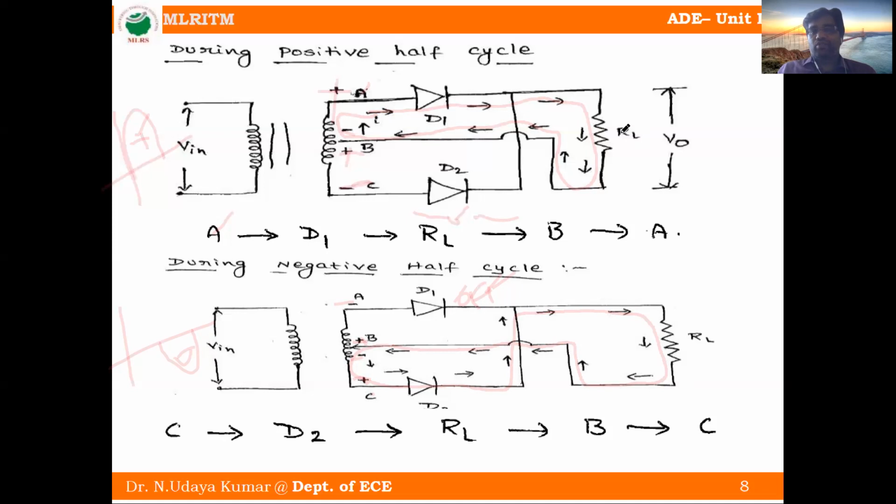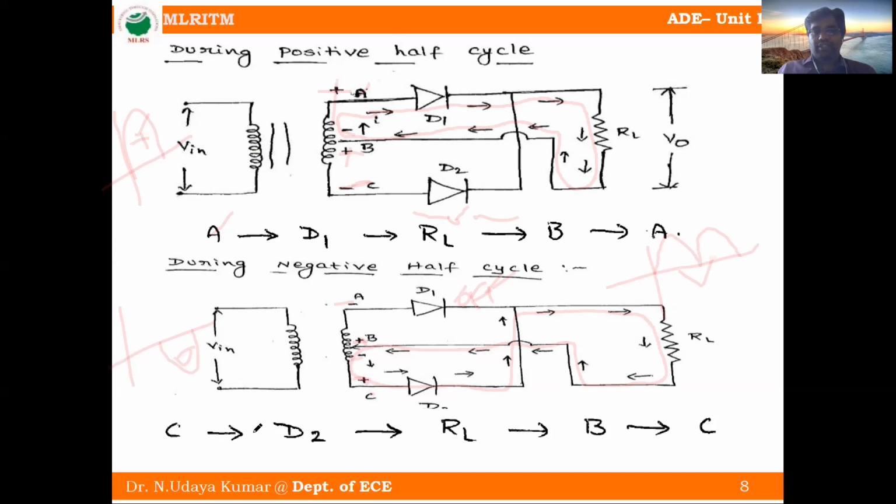Current passes through the load resistance RL, so we will get both cycles at the output side. See, I am drawing the output. This is for the positive half cycle, this is for the negative half cycle. We will get a rectified output. This is the output of the full wave rectifier with center tap.